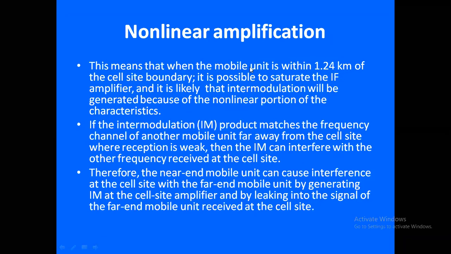This means that when the mobile unit is within 1.24 kilometers of the cell site boundary, it is possible to saturate the intermediate frequency amplifier. It is likely that intermodulation will be generated because of the non-linear portion of the characteristics.